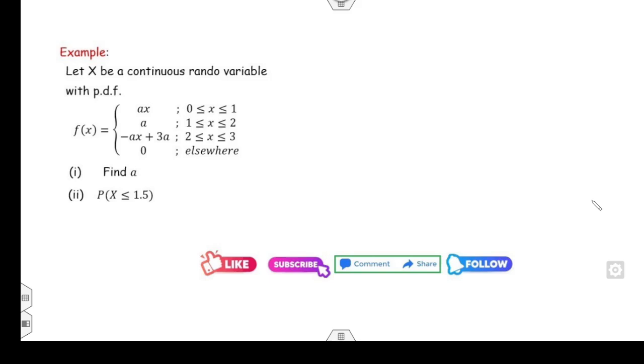Look at the next one. X is a continuous random variable with the PDF given here. Find the value of A. So what is the condition for the PDF? Again, integration of the f(x) is 1. Now you have a discontinuous function, so you can break them from 0 to 1 for the first case.